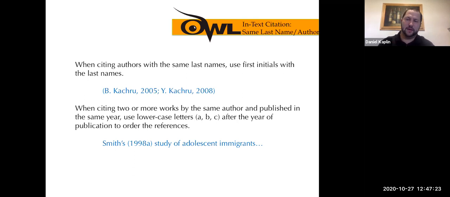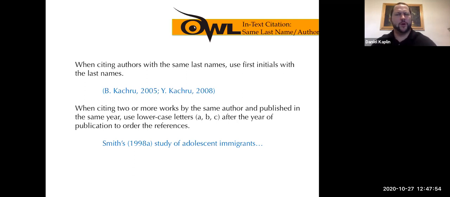What if you are citing them in the same article or manuscript? This is one of the few times you're going to use the first initials. So notice here, B. Koshru, Y. Koshru. In our example, it would be A. Freud and then S. Freud. So the first initial occurs when you have multiple authors with the same last name.